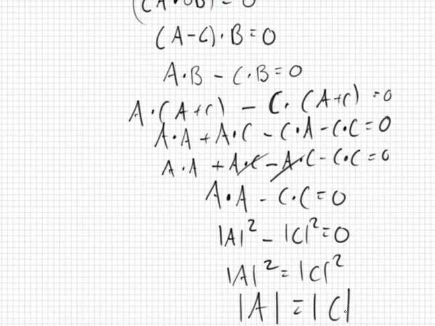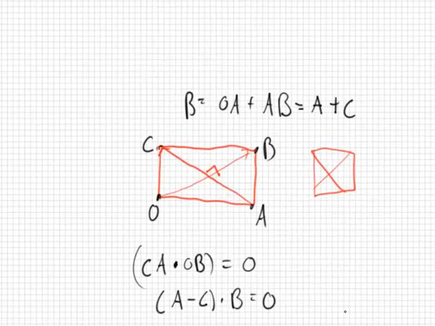Now if you go back to your diagram, that's the reason I chose A and C here. Because A is the horizontal one, wasn't it? And C was the vertical one. So what have I done? I've said that the length of A and the length of C are the same. Therefore, it's a square.